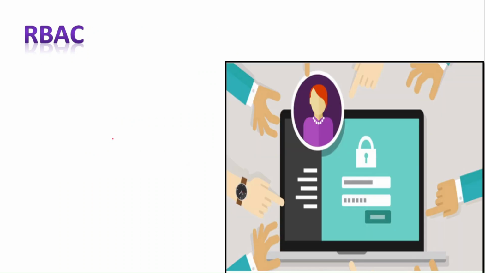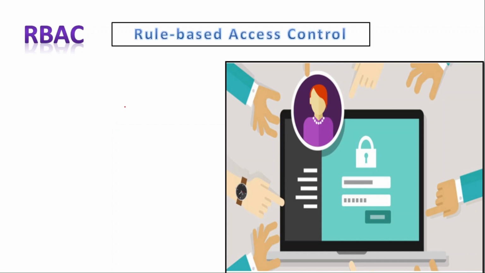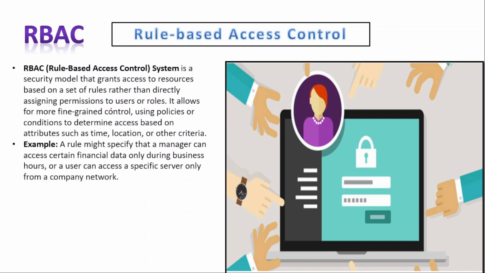Again, RBAC, this time RBAC stands for rule-based access control. So RBAC, that is rule-based access control, is a security model that grants access to resources based on a set of rules rather than directly assigning permissions to users or roles.